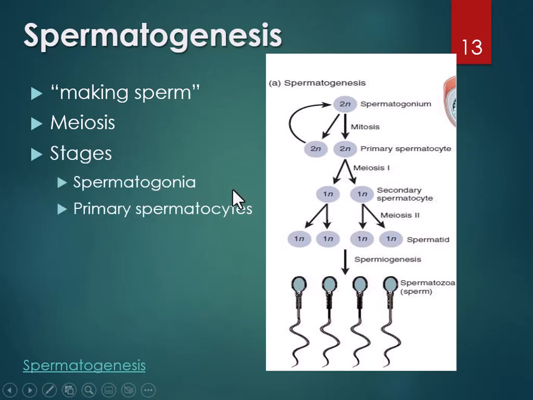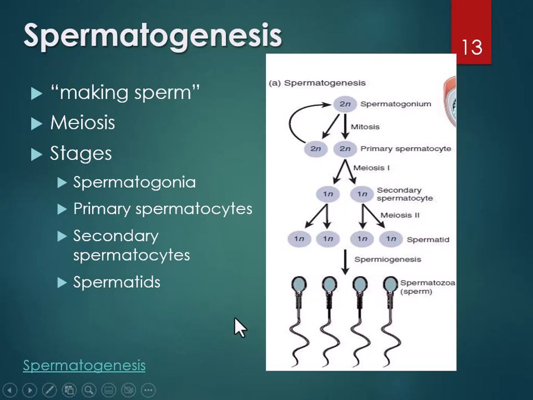Okay, so primary spermatocyte becomes 2 secondary spermatocytes. Each one of those splits again in meiosis 2, and you end up with 4 spermatids. 1, 2, 3, 4.